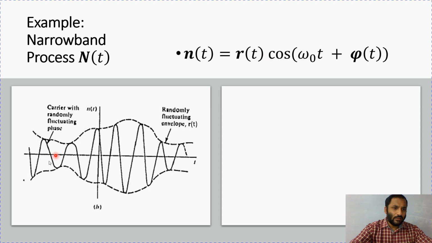Whatever the amplitudes of this cosine are being modulated, that means the amplitudes of this cosine are decided by the value of r of t, or this cosine takes the values of r of t as amplitudes.